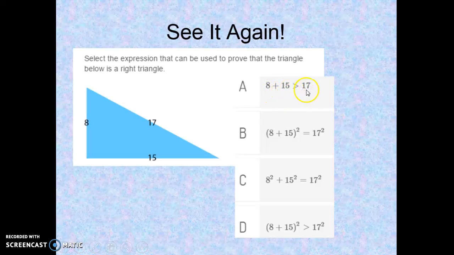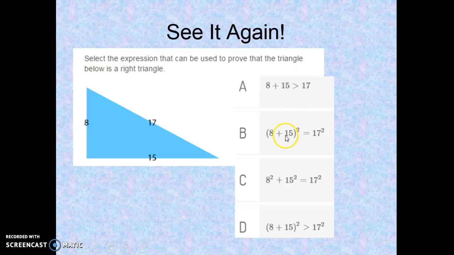I have to say that, first of all, the Pythagorean theorem does not have a greater than or equal sign. Okay, that's one thing true. We're looking for one that has an equal sign. Also, with the Pythagorean theorem, things are squared. There's nothing squared here. So A is not it.